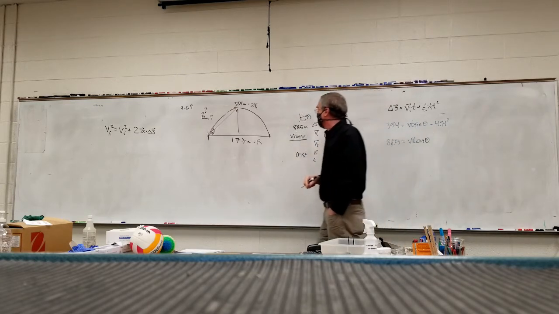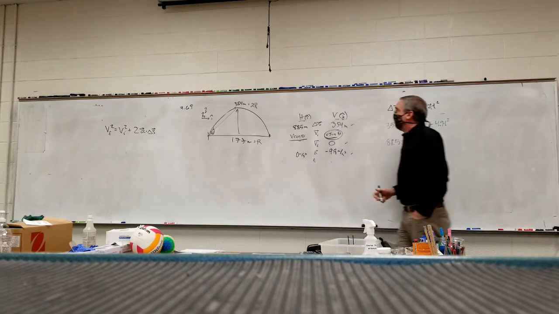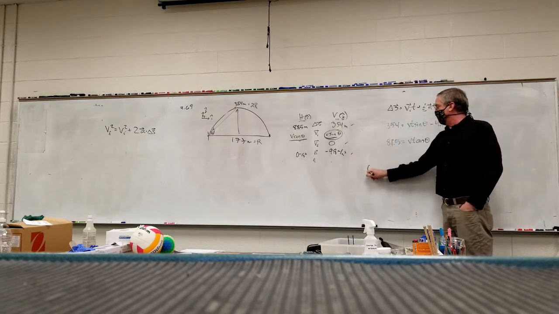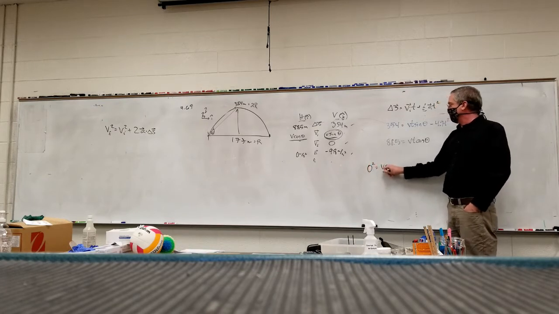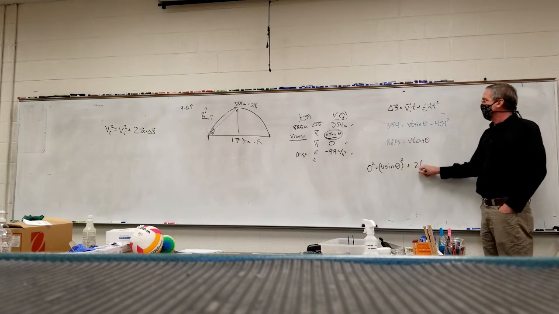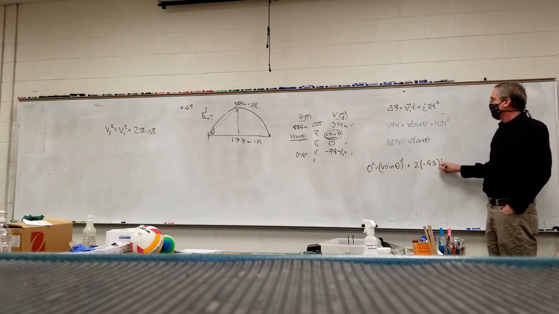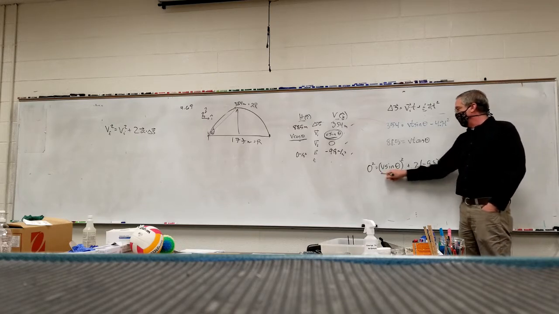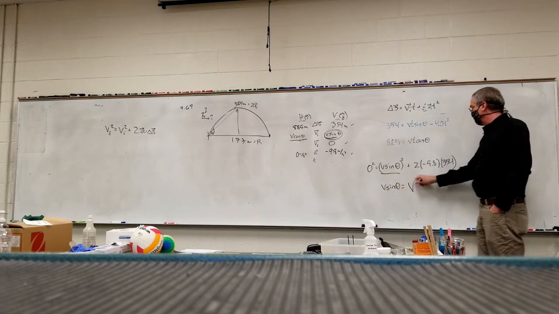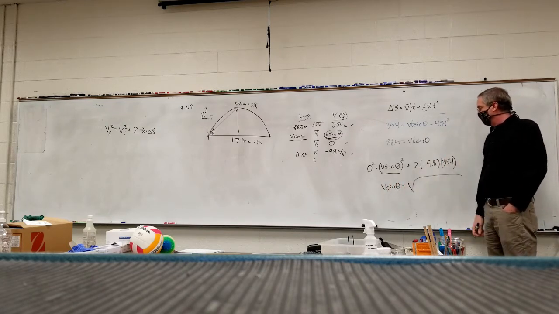But all right, so we're taking a look at this equation right here. We have 0 squared is equal to v sine theta squared plus 2 times negative 9.8 times 354. So I can solve for v sine theta, and that would be the square root of whatever that is.